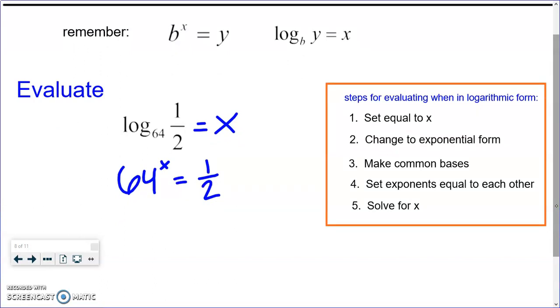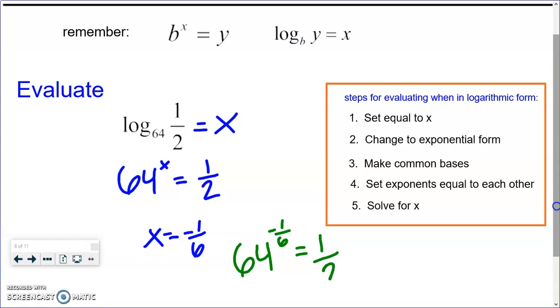And we know x must also be negative to get our equation flipped to be over 1. So we can say x equals -1/6. And if we look at that, we can say 64 to the -1/6 power equals 1/2. I think I said only two more examples, but we are going to do one last example.